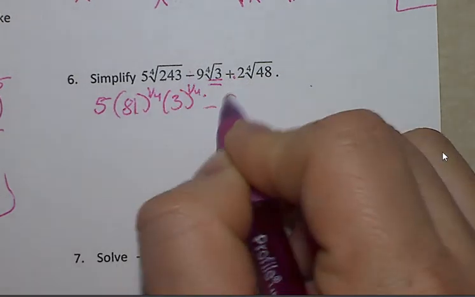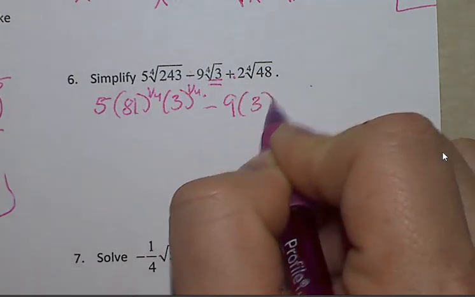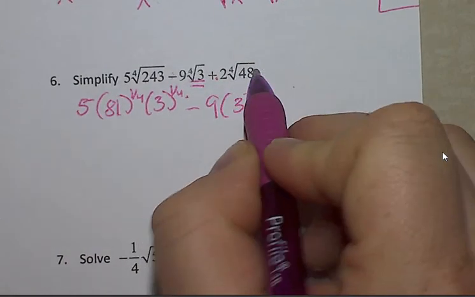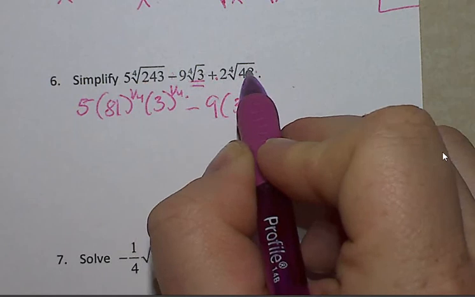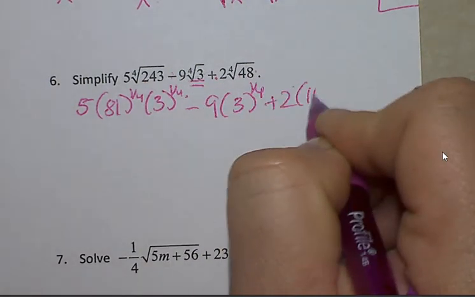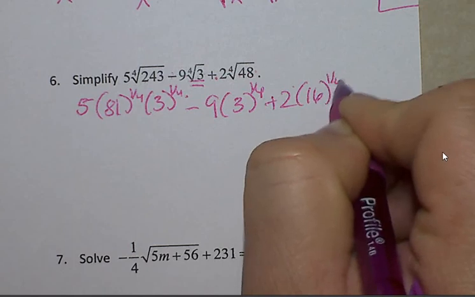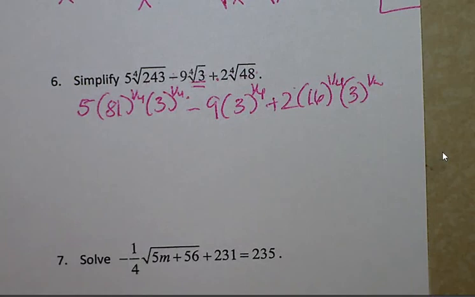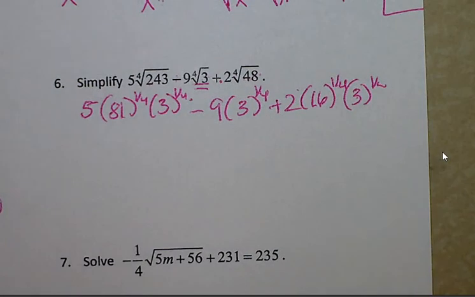Leave this where it is because 3 to the 1/4 is not a nice integer answer. Take 48 and divide it by that small number. 48 divided by 3 is 16. So I have 16 to the 1/4 times 3 to the 1/4, because 16 times 3 is 48. So I've just rewritten it in equivalent form.